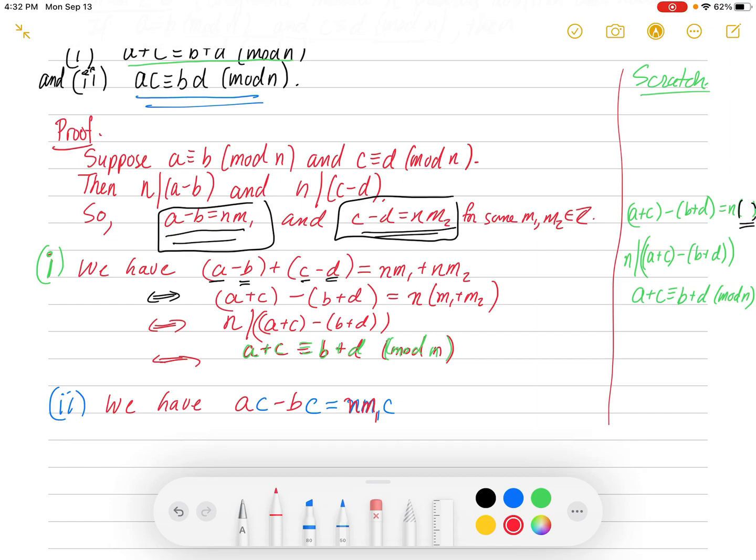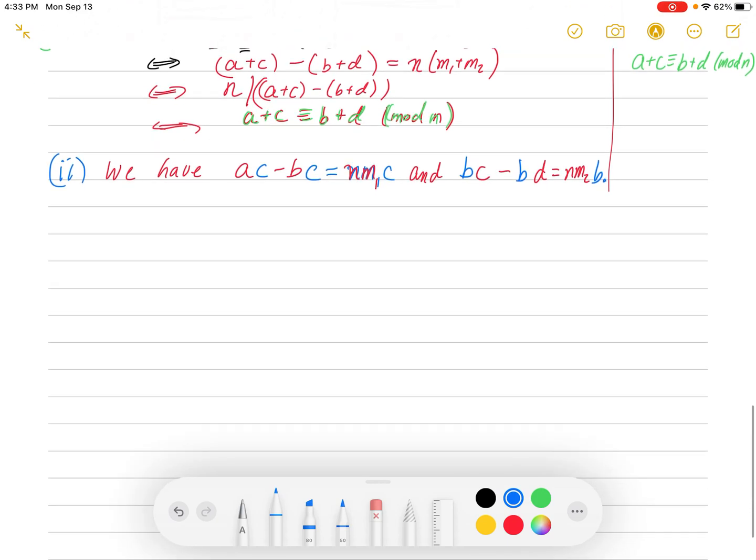Then we're going to go to the second equation in the box, which is C minus D equals nm2. We're going to multiply that one by B. So I'm going to take BC minus BD, and we're going to multiply the right-hand side by B. So we'll have nm2B.